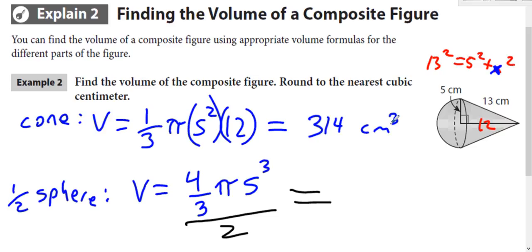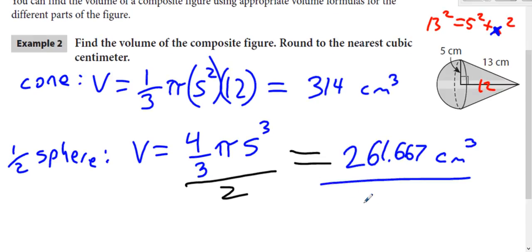And the hemisphere is 261.667. So for the entire figure altogether, you add that up and you get 575.667. So it's to the nearest cubic centimeter, so let's round that up to 576.